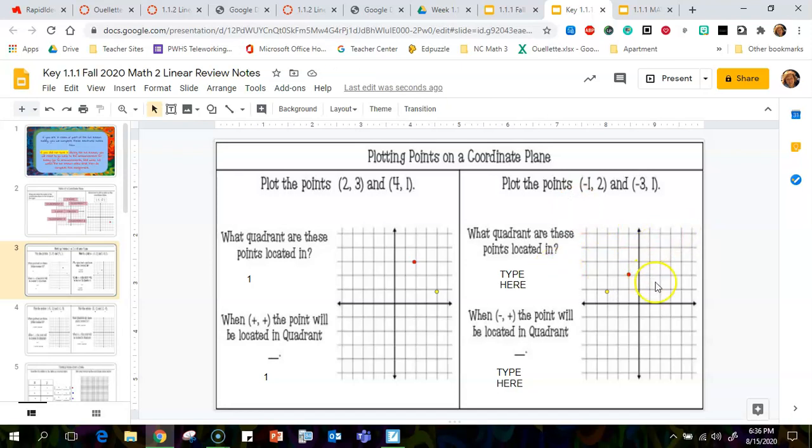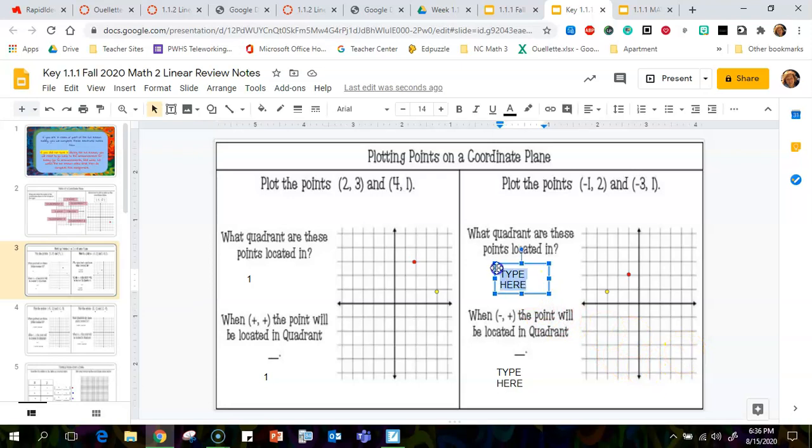And remember, this was quadrant 1 right here. If we go counterclockwise, it's 1, 2, 3, 4. So this would be quadrant 2. So highlight it, backspace, and type in 2, and then the same thing down here. So when you've got a negative X and a positive Y, the point is going to be located in quadrant 2.